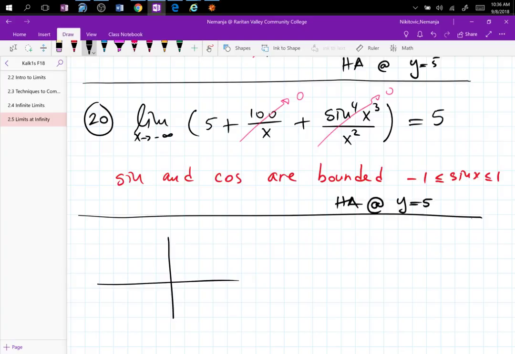So let's say you have a vertical asymptote and another vertical asymptote, and then you have a piece of the function here and a piece of the function there. I am going to draw the horizontal asymptote in red and point the arrow and say HA at y equals 0.